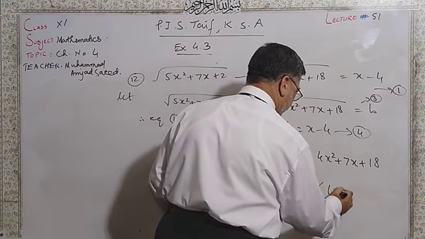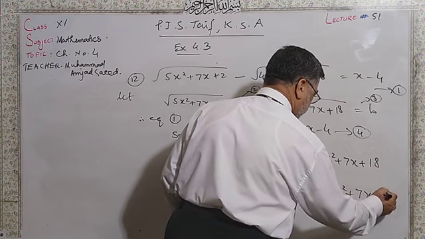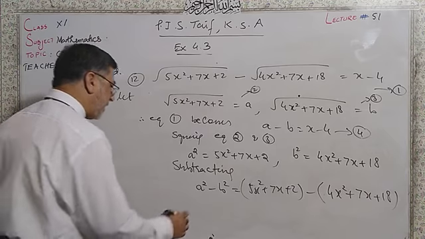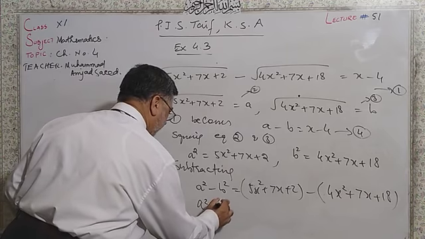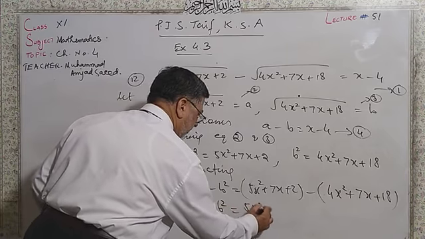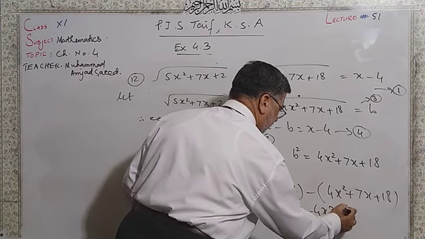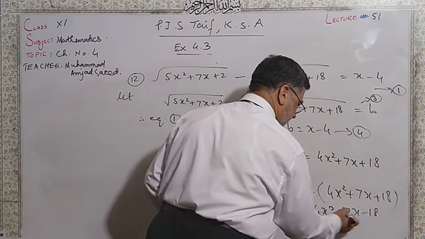Dear students, we are left with a square minus b square is equal to 5x square plus 7x plus 2 minus 4x square minus 7x minus 18.